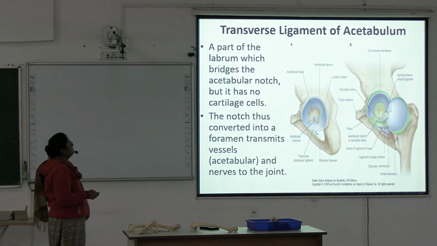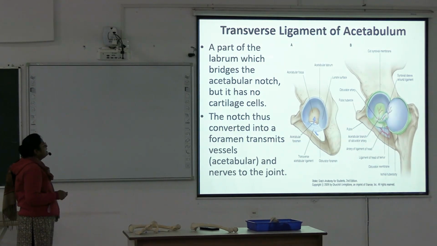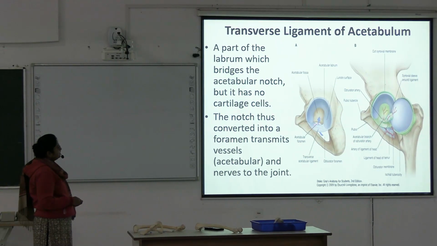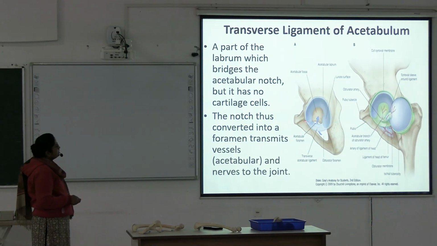Next, the transverse acetabular ligament. A part of the labrum which bridges the acetabular notch is known as the transverse acetabular ligament, but it has no cartilage cells. The notch is thus converted into a foramen and transmits the vessels.